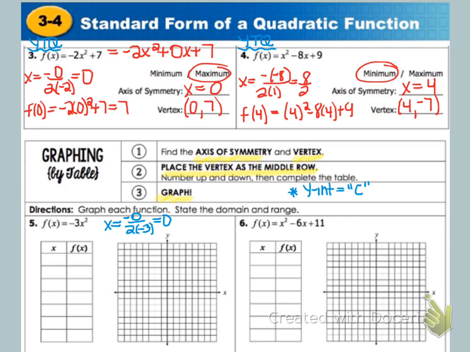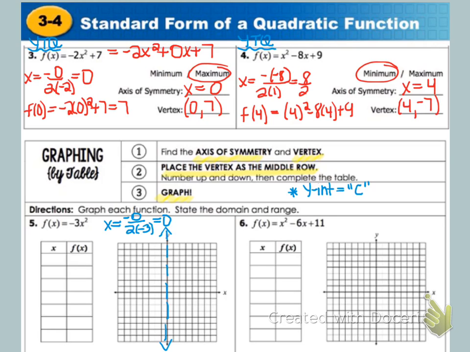So the axis of symmetry is x equals 0. If I put that on my graph, this represents the y-axis, so my parabola is going to be symmetric about the y-axis. It's going to be a reflection, one branch over the y-axis to get the other.